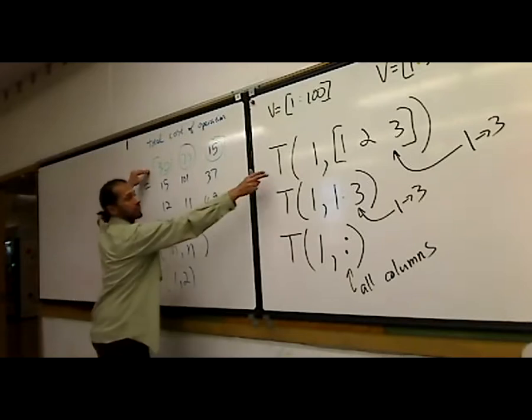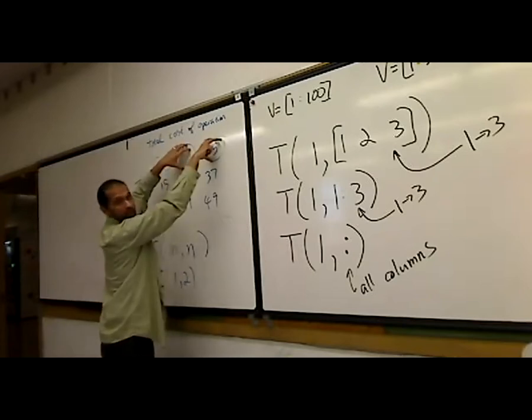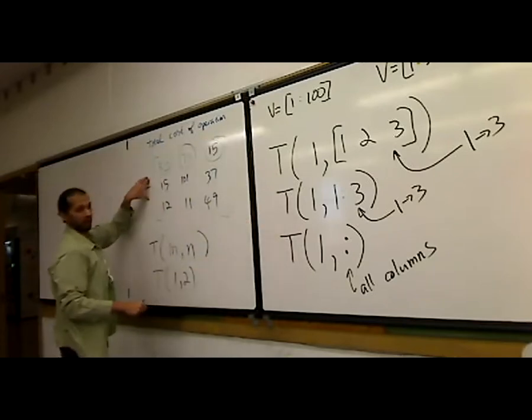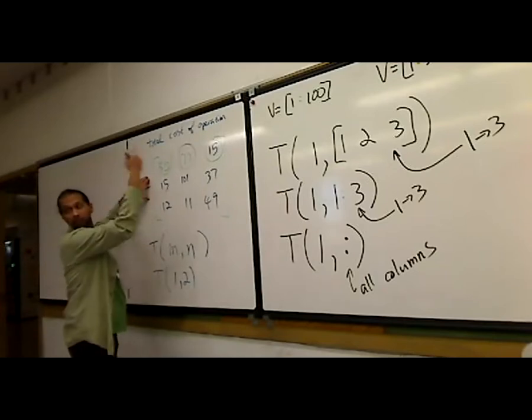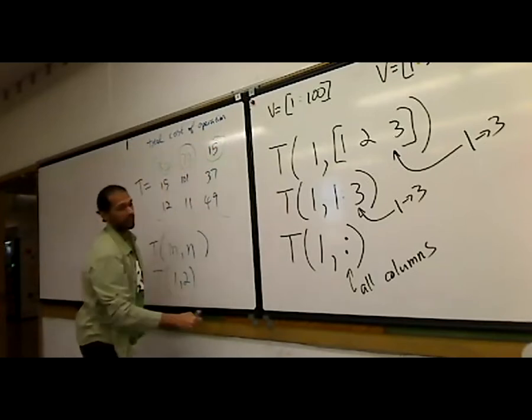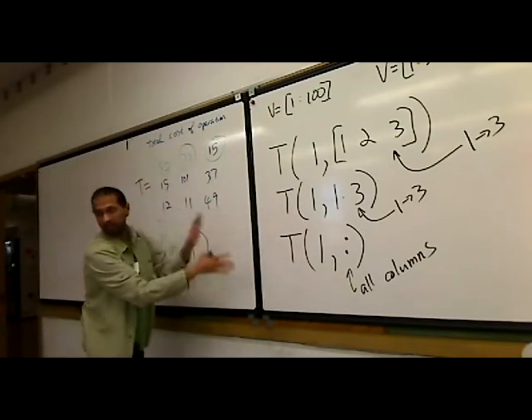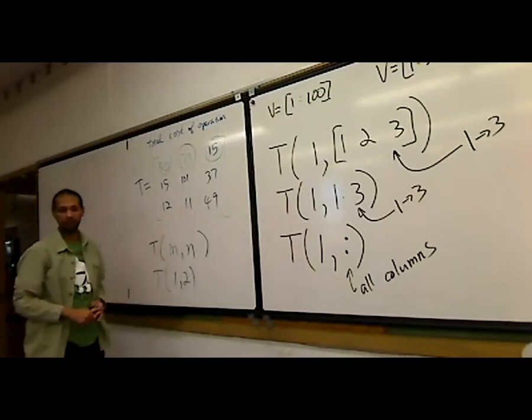Here you're saying explicitly row 1, columns 1, 2, and 3. Here you're saying row 1, columns 1 through 3. So same result. And then here you're saying row 1, all columns. In all 3 of these cases, you get the same results.